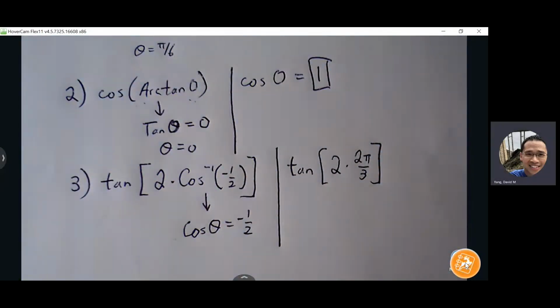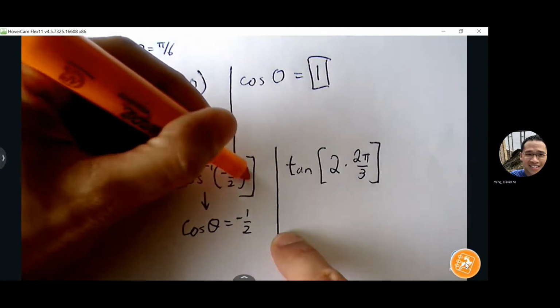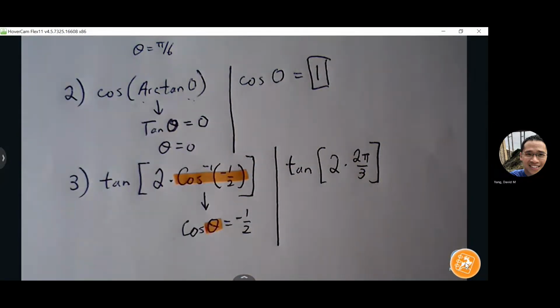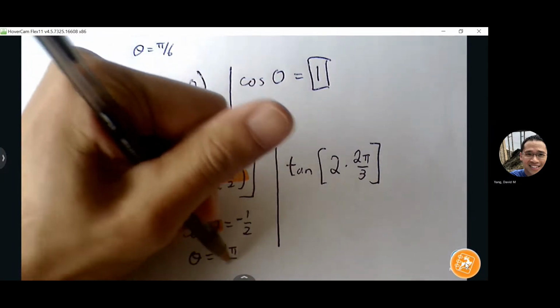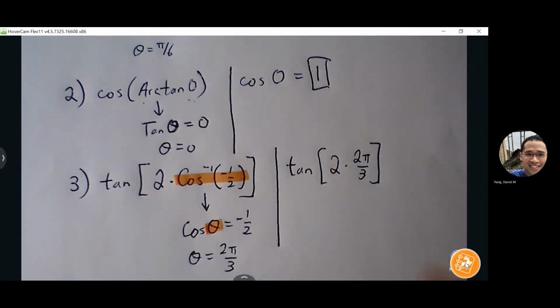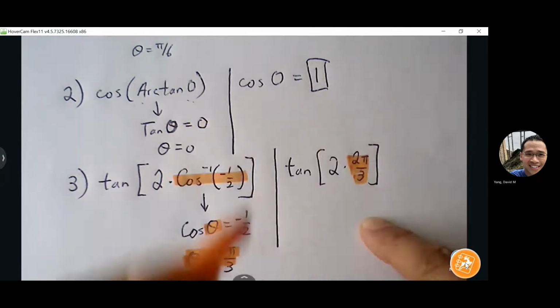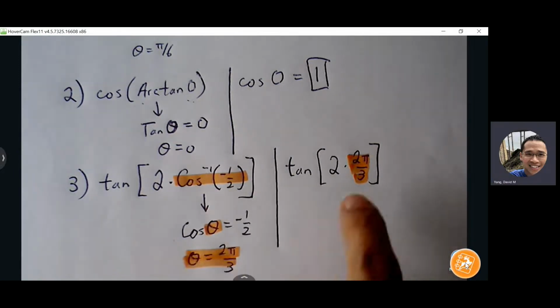Let me highlight the substitutions that I'm making here. Okay, so I'm cleaning that up to just be 2 pi over 3.